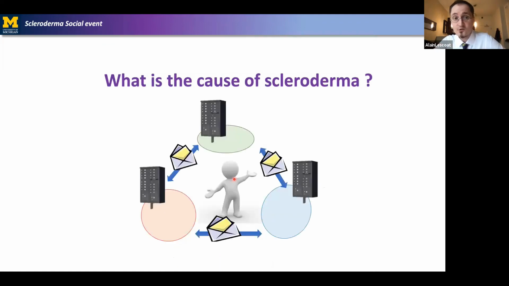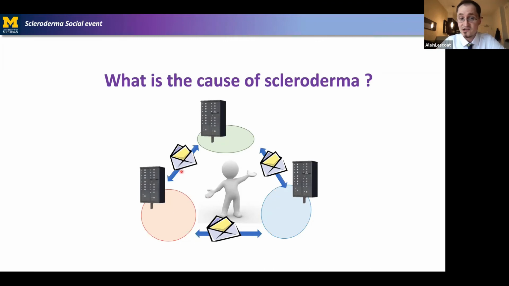Another question is, what is the cause of scleroderma? In other words, what would trigger the excess of messages? If you go back to the idea that this is a very heterogeneous disease and that some patients have an excess of certain types of messages, whereas other patients don't have these messages, you can understand that there is probably not a single cause of the disease, but there could be multiple causes.